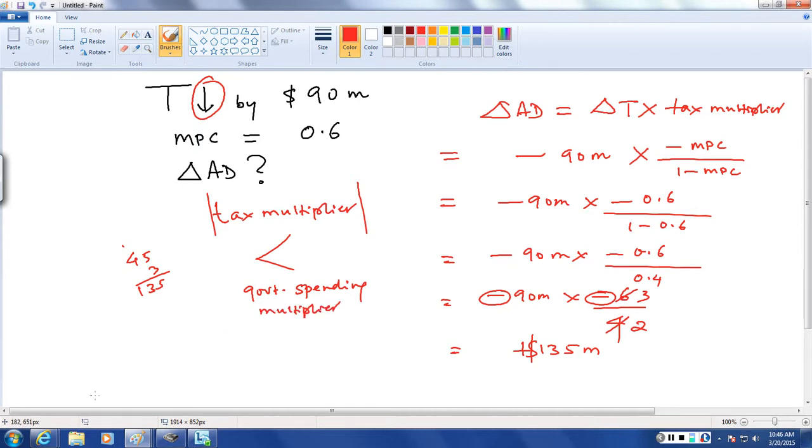Which means that if the government wishes to increase AD by a certain amount, it will have to reduce taxes by more than it would have to increase government spending to get the same effect. Am I making sense? A bigger reduction in taxes would be needed to cause the same increase in AD that a certain increase in government spending would bring about, because the tax multiplier is a weaker multiplier. Is that making sense?